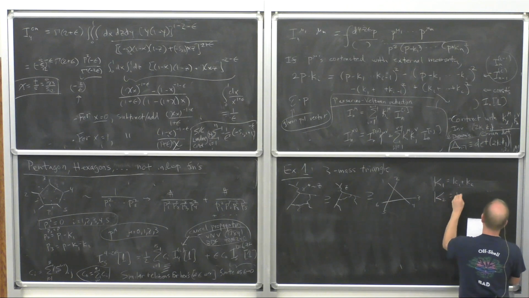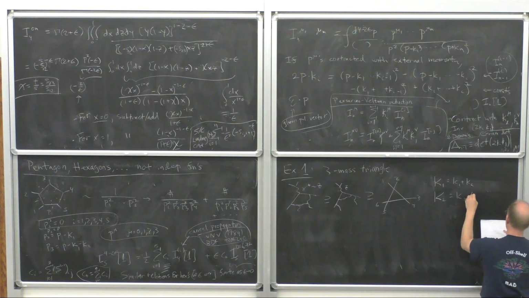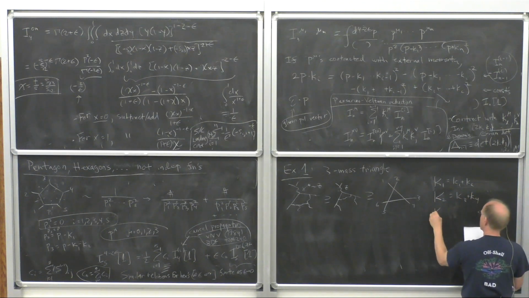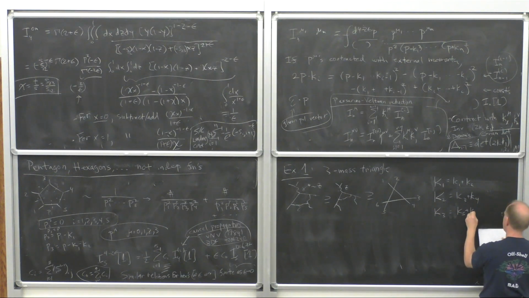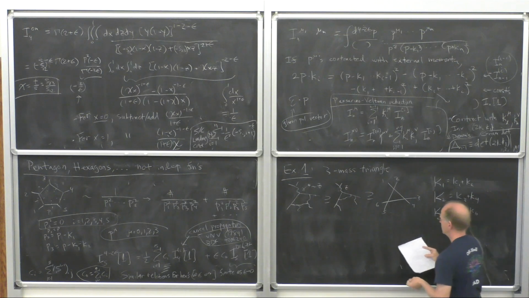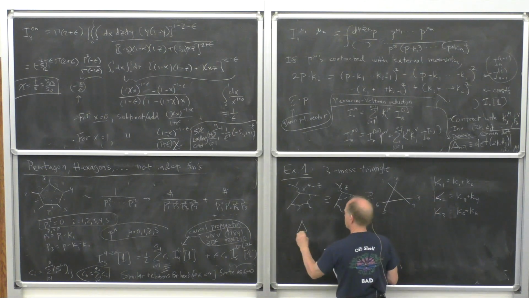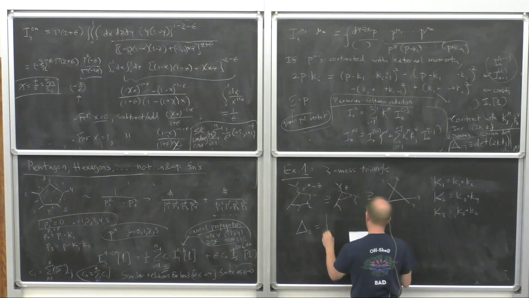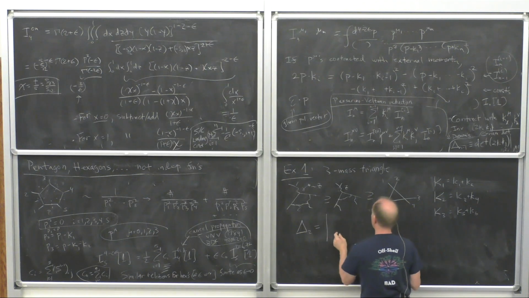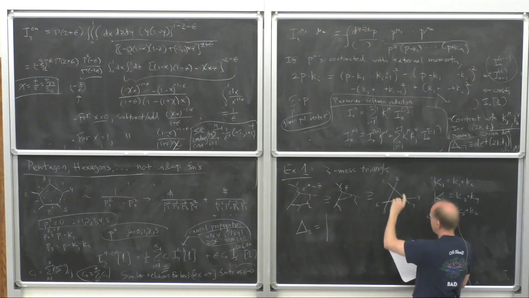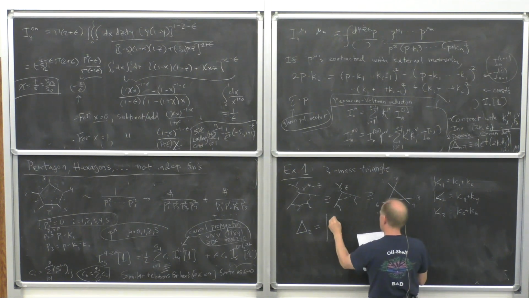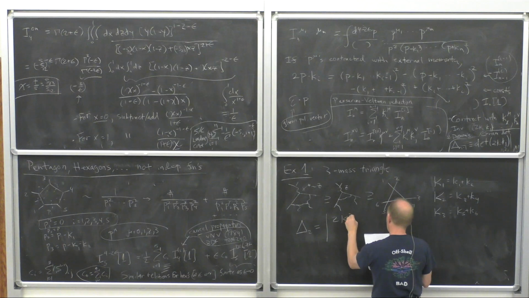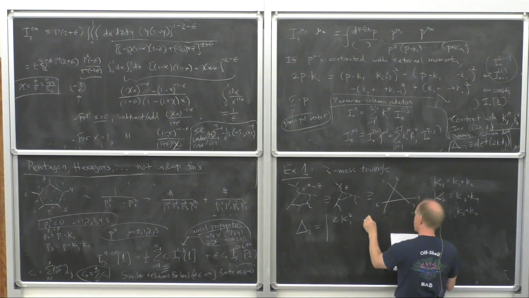K2 is k3 plus k4. And K3 is k5 plus k6. So the Gram determinant for this is twice the dot products of the legs sticking out of the triangle. So K1 squared is, it actually comes with a 2 because of that definition.